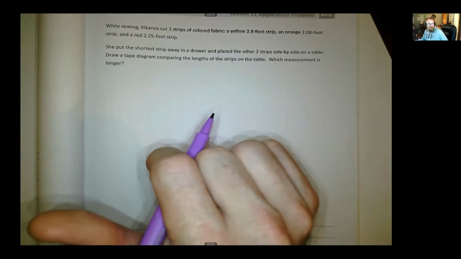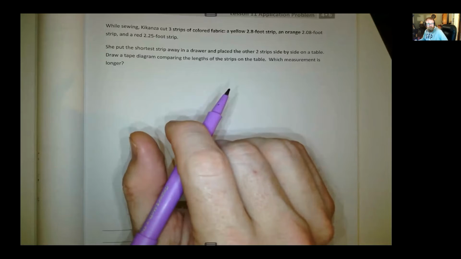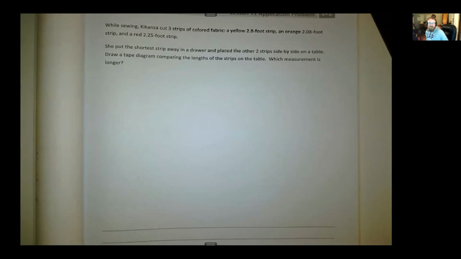She put the shortest strip away in a drawer and placed the other 2 strips side by side on a table. Draw a tape diagram comparing the lengths of the strips on the table.